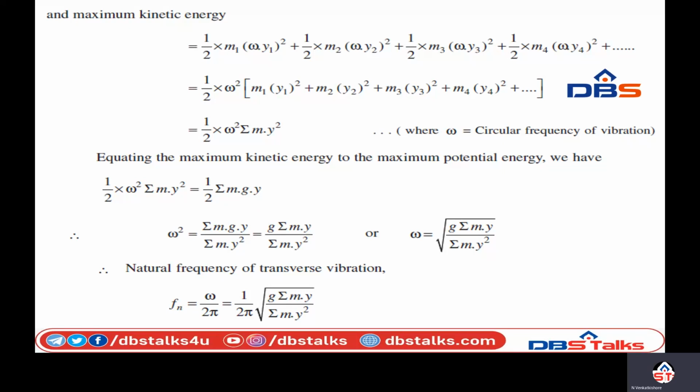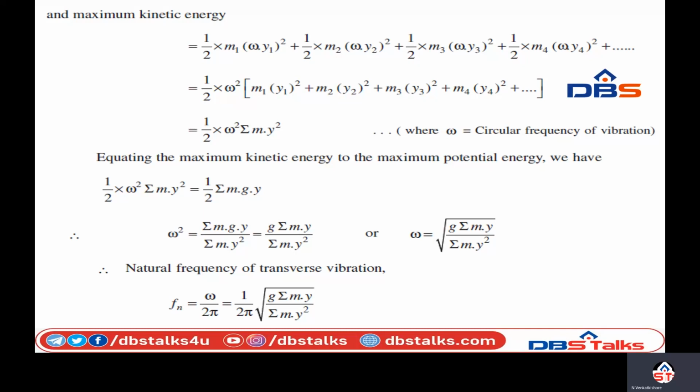By equating these two terms, 1 by 2 omega square sigma my square equals 1 by 2 sigma mgy. Half gets cancelled, and omega square is equal to sigma mgy by sigma my square. G is constant for all.